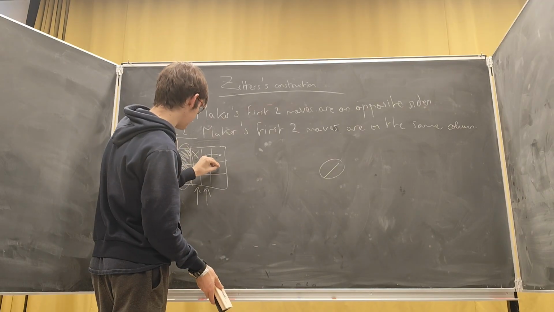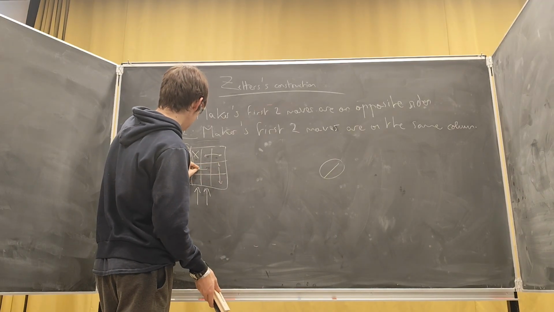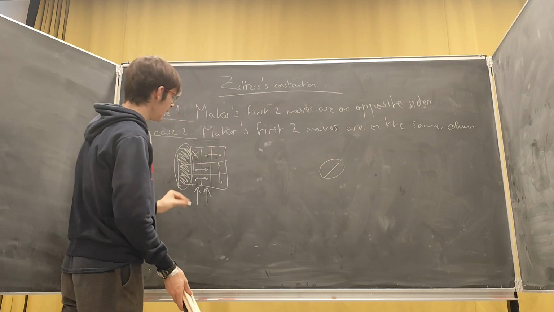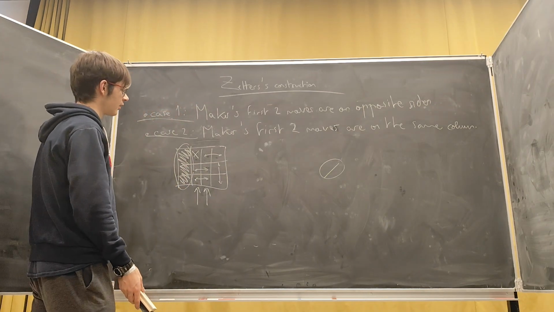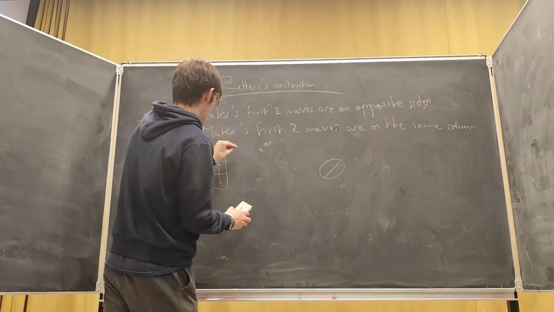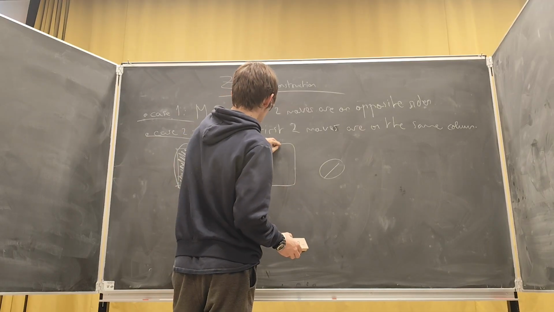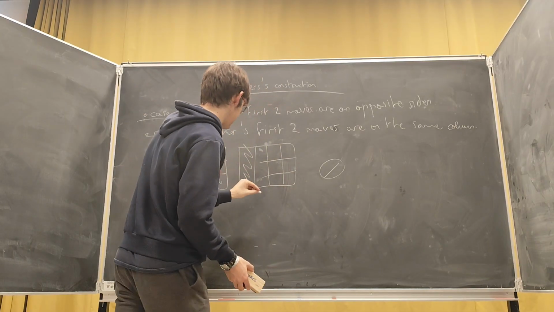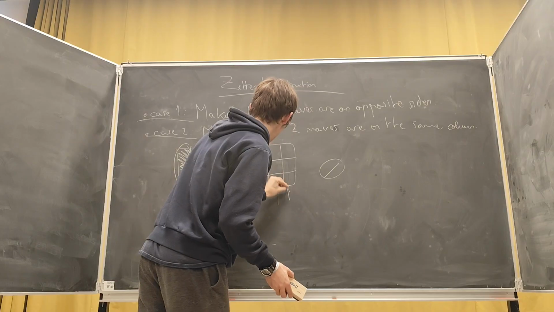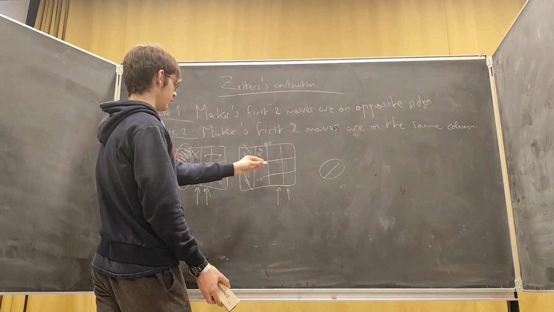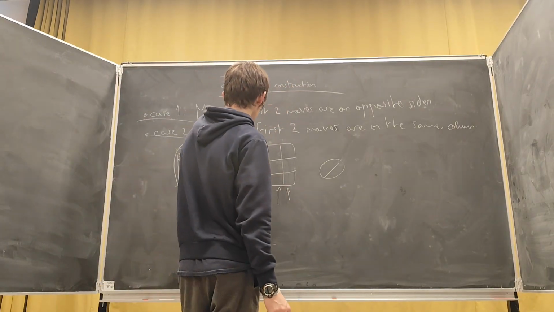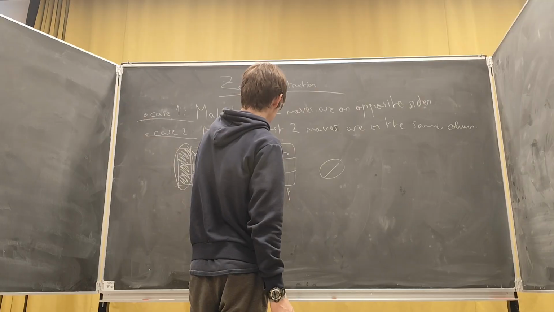We need to ensure that this column is safe, and these two rows, and that's it. If it's these two over here, well, then you can find a similar pairing, right? You're going to pair these together and then these.